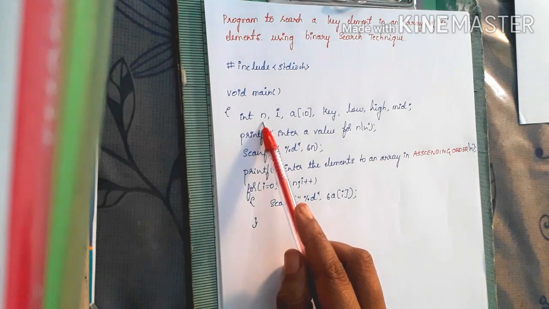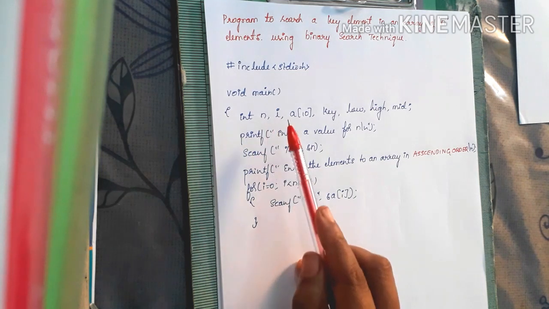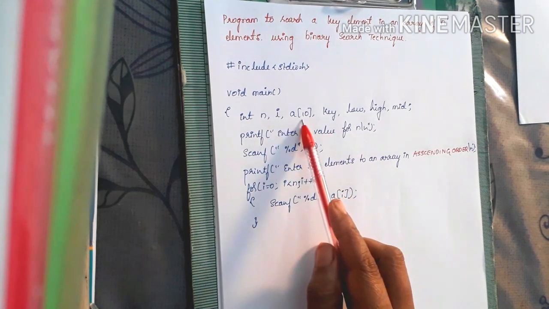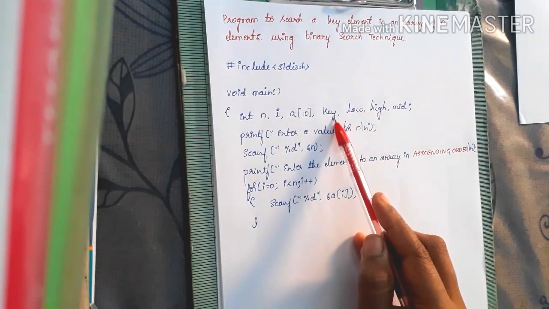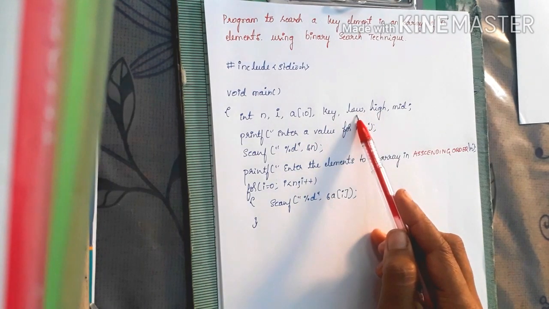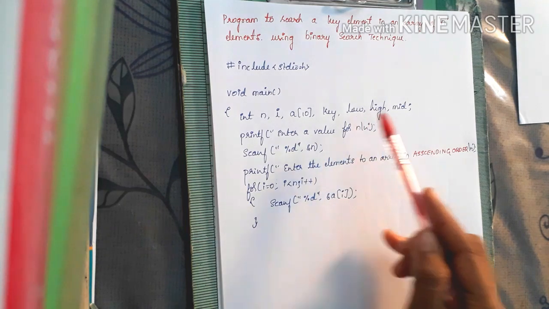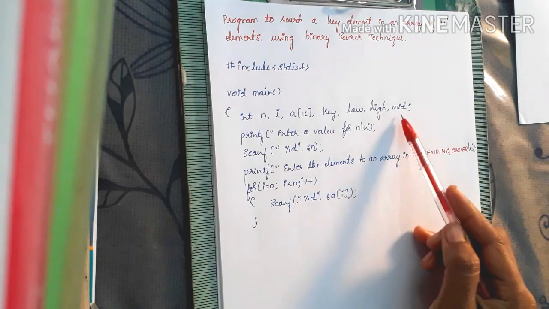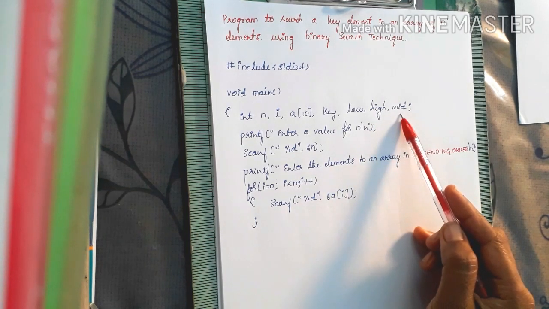The first variable is n, which indicates the number of elements that I want to input to the array, the variable i, and the array A, and next the key element key, low, which is used to specify the position of the first element of the array, high, which is used to specify the position of the last element, and mid, which is used to store the position of the middle element of the array.